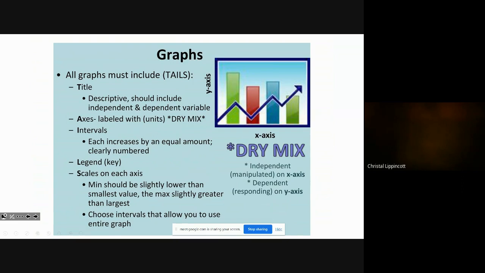It's going to have your axes labeled using a concept called DRY MIX. I'll get into what that means on the next slide. You also have to have your units, your intervals, and they have to be equal, a legend, and scales on each axis so that you're using the entire graph or as much of it as you reasonably can.